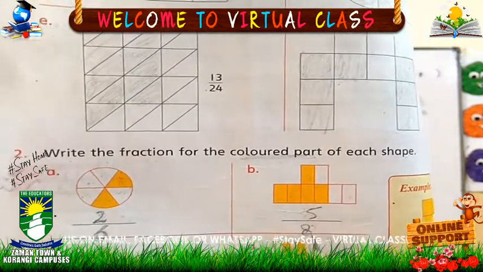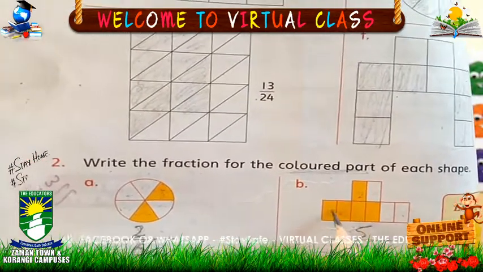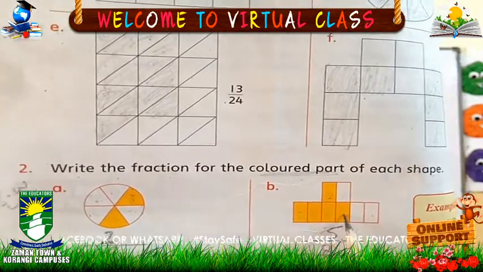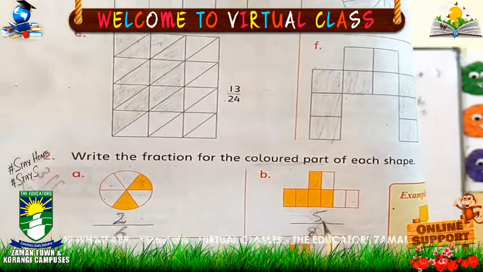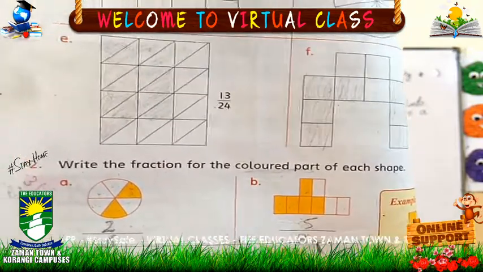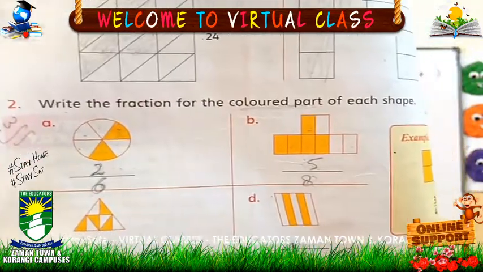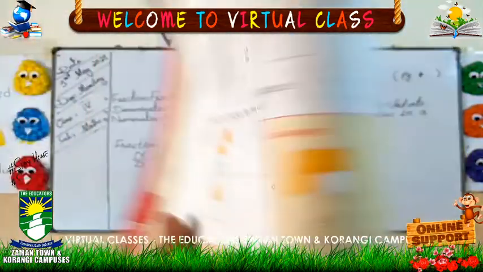Okay, and how many shaded or colored parts are here? 1, 2, 3, 4, 5. Okay, you will write 5 in the numerator. It will become 5 over 8. The remaining 2 is your homework. Okay, now turn your pages.